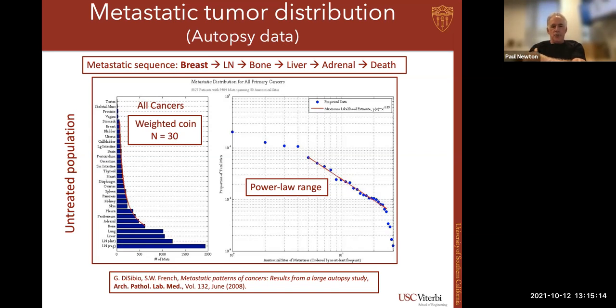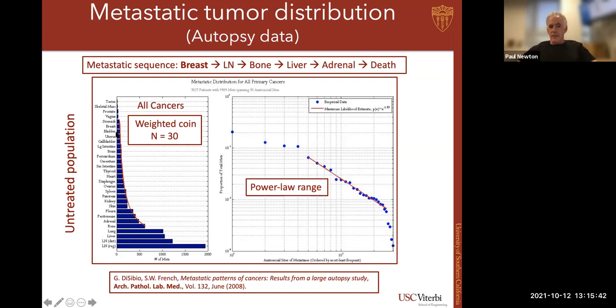These patients were untreated. And there's something like 3,800 patients, and they have multiple METs, and so the data is organized according to the location of the METs, and then we normalize that data so that the area under the bars in this histogram is 1, so that we can view this as a probability distribution, okay?